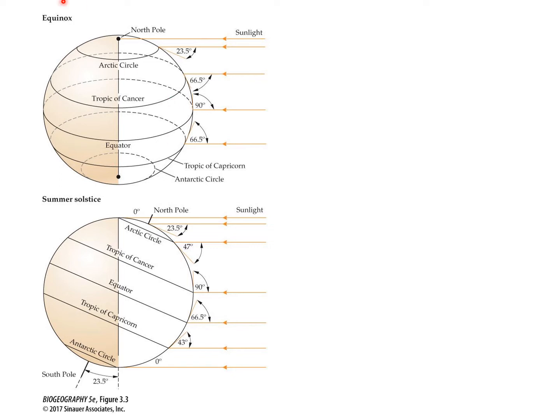On an equinox, that's still a seasonal thing, but everywhere is getting more equal portions, because the tilt of the Earth's orientation towards the sun is different during the equinoxes. But that's things on a temporal dynamic.